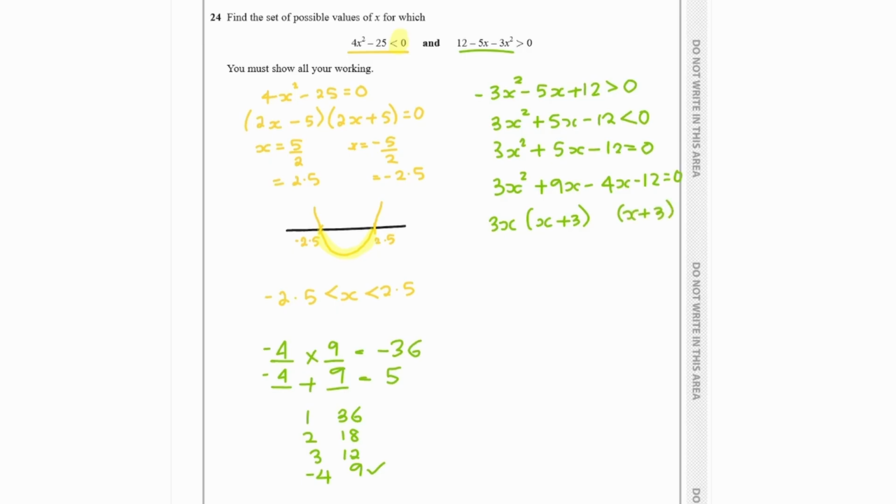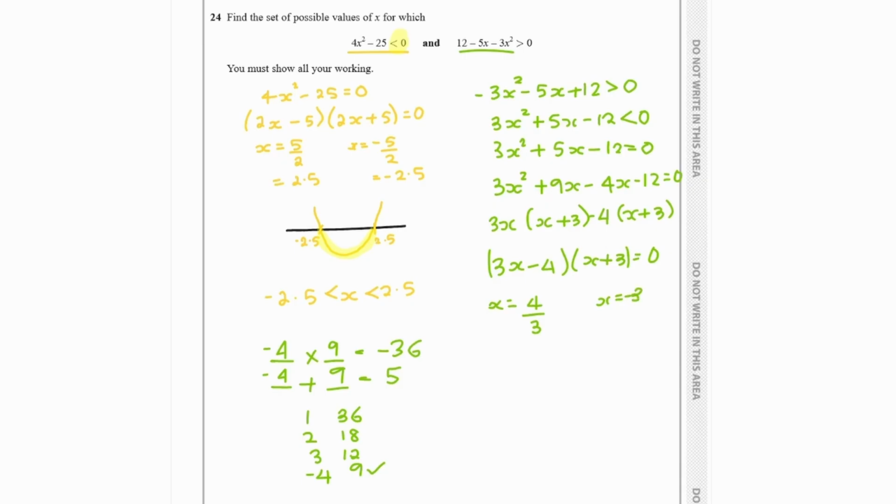We can also put x plus 3, and in order to make x into minus 4x, we would have to multiply it by minus 4, and minus 4 times 3 also gives us minus 12. This means that our two factors for this equation would be 3x minus 4 and x plus 3, and this is equal to 0. x would be equal to 4 over 3, and x would be equal to minus 3.